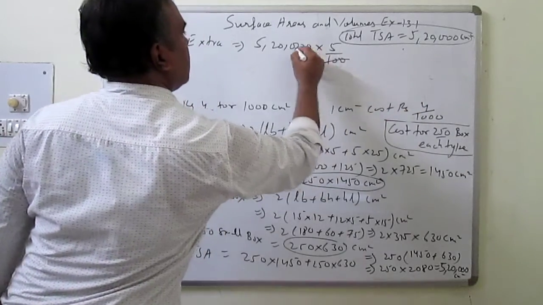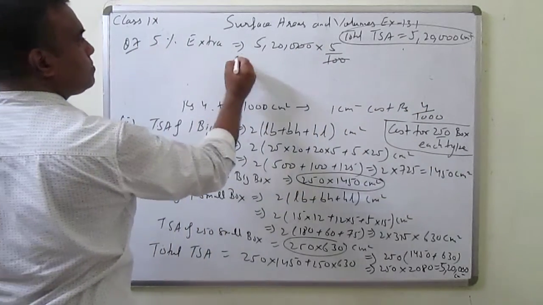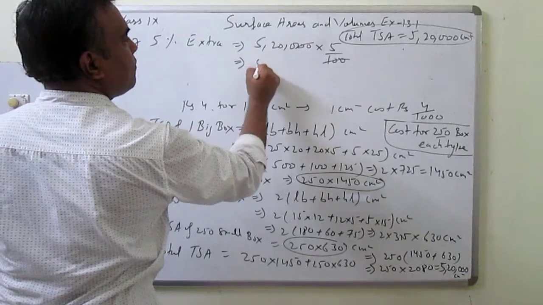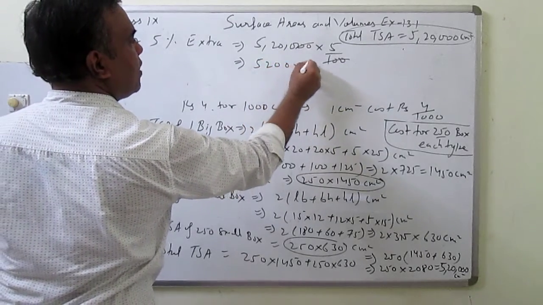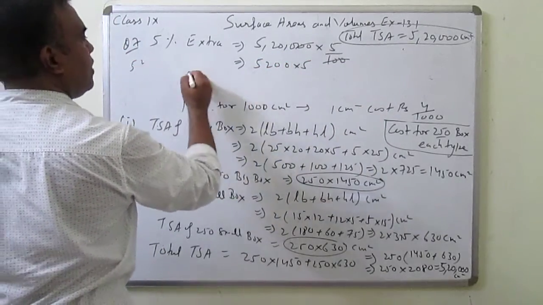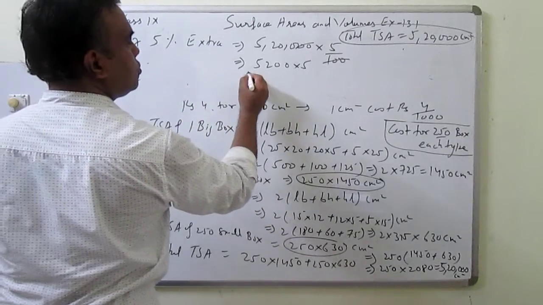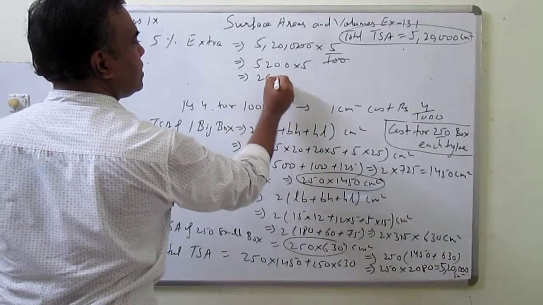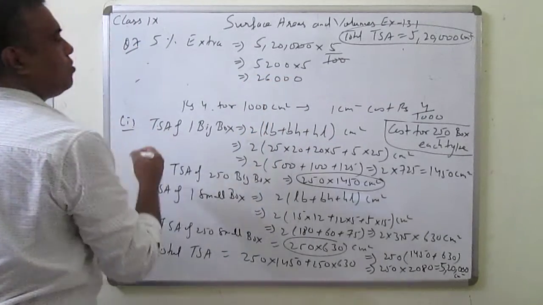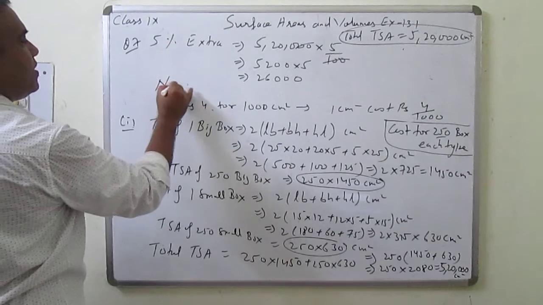So 0 cut, it becomes 5200 into 5, 52 into 5, it is 26,000. So net total surface area कितना आ गया?